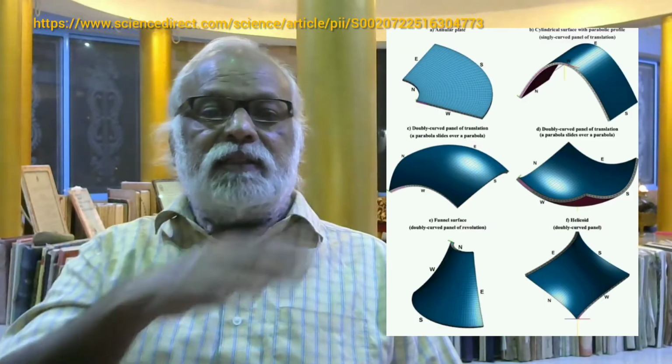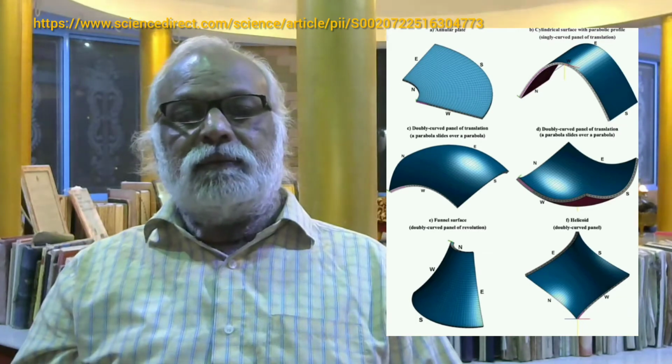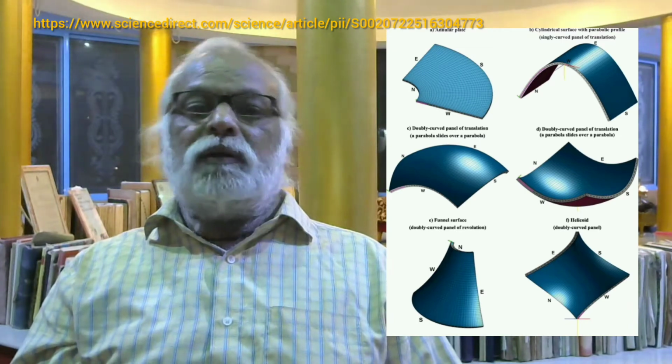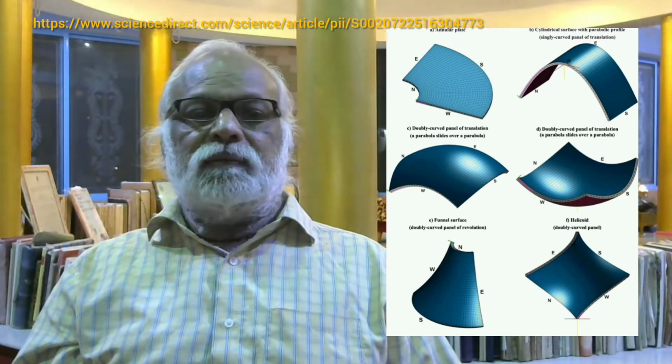So a doubly curved shell will have a synclastic curvature in one plane and an anticlastic curvature in the other plane. So, doubly curved shells.